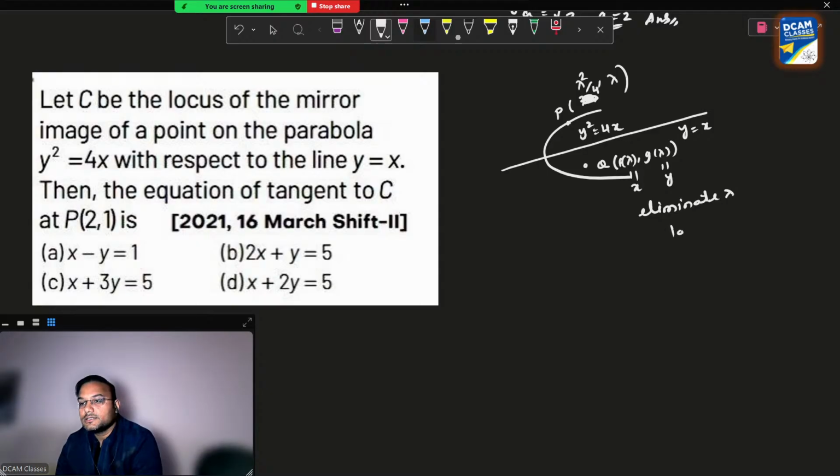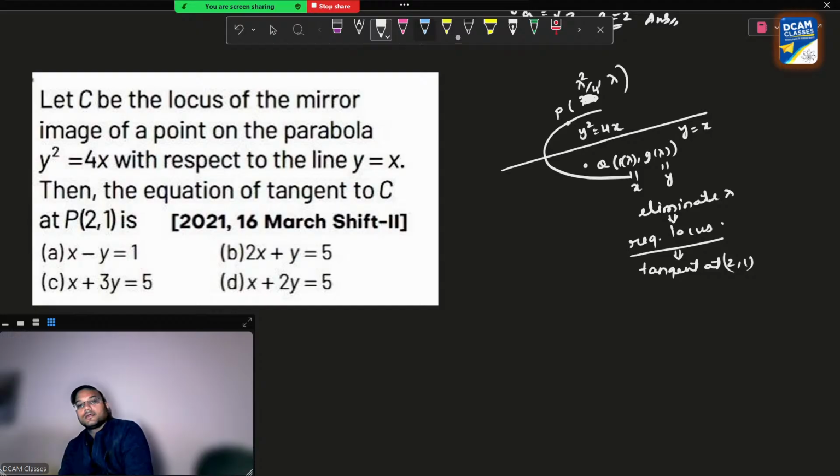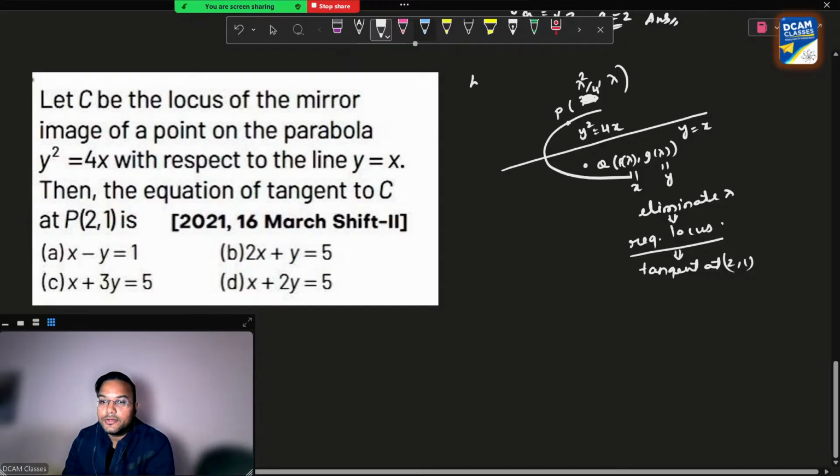You'll get the required locus. And then on the curve that you get, you have to find the equation of tangent at 2, 1. This is the biggest hint for you.